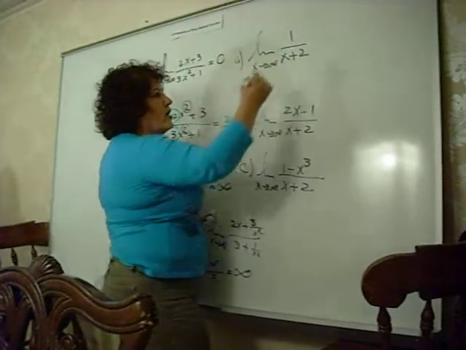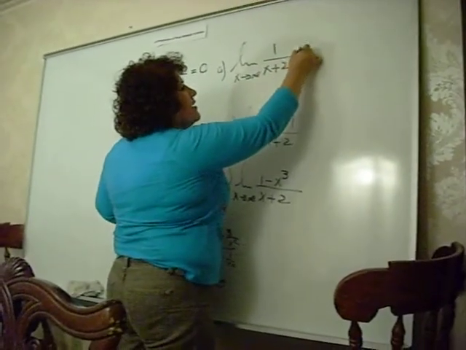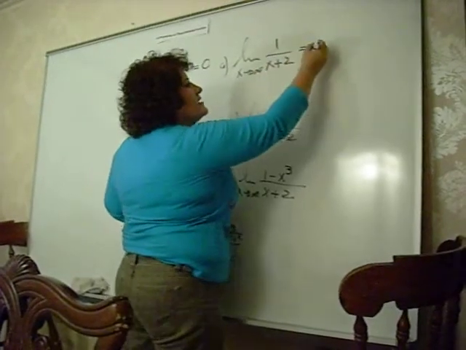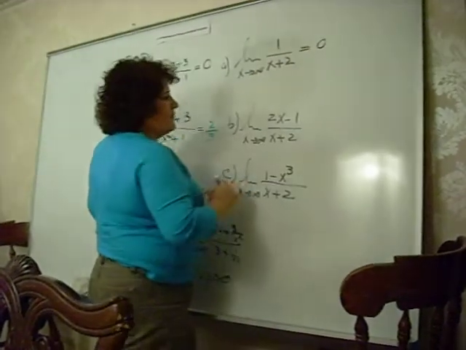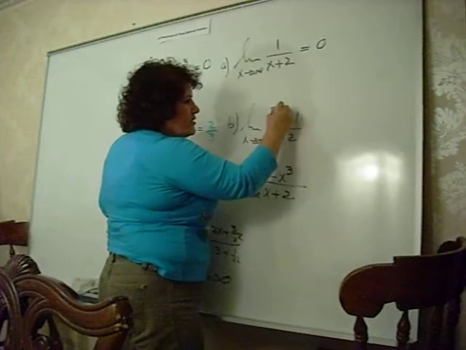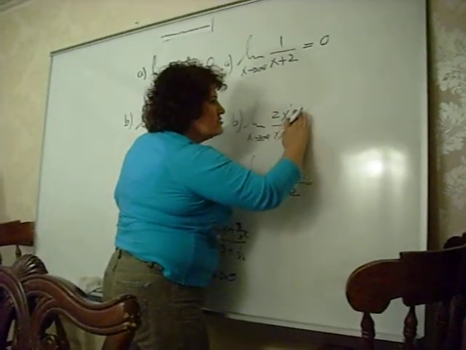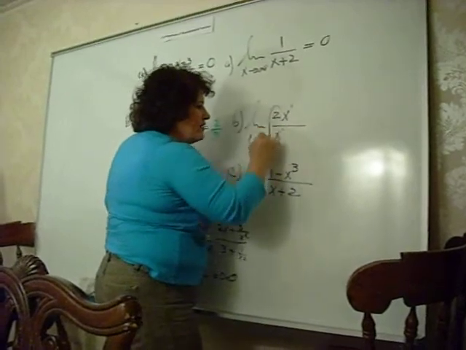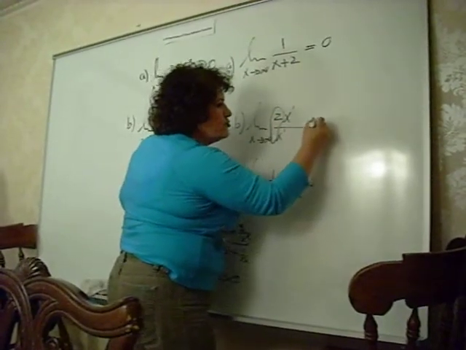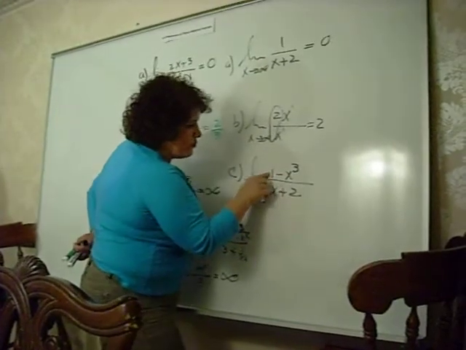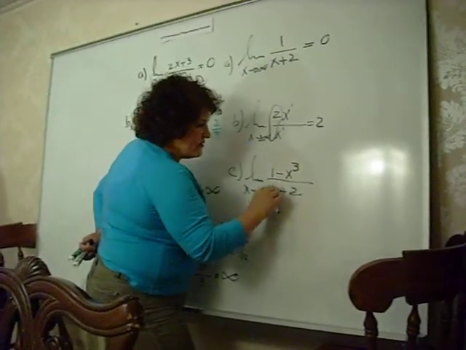Okay, I hope you get the answer now. For the first one, the power of the numerator is less than the denominator, so the answer is 0. For the second one, the exponent is 1 on top and 1 on the bottom. We don't care about the rest, so we just divide the coefficients, and it's 1. In the third one they trick us: 1 minus x cubed.